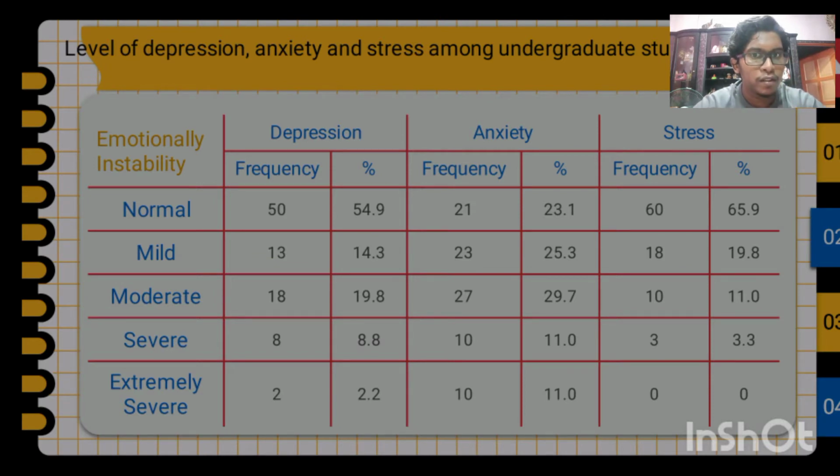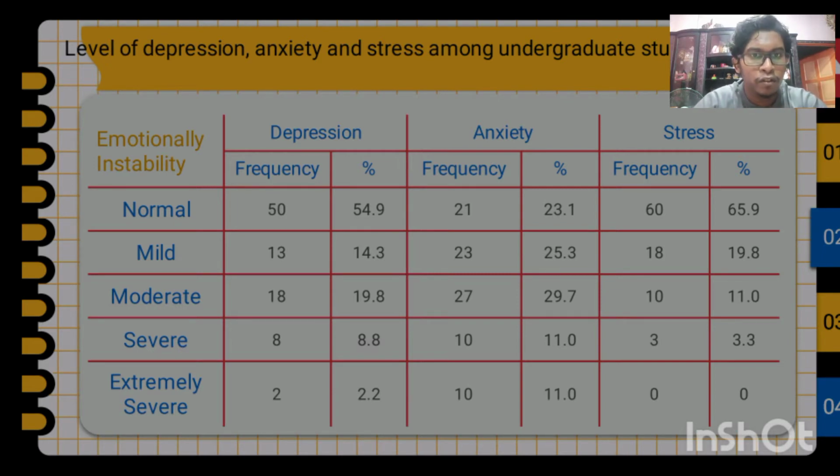If we calculate each of these in percentage, normal has 54.9%, mild 14.3%, moderate 19.8%, severe 8.8% and extremely severe 2.2%. Next, anxiety.